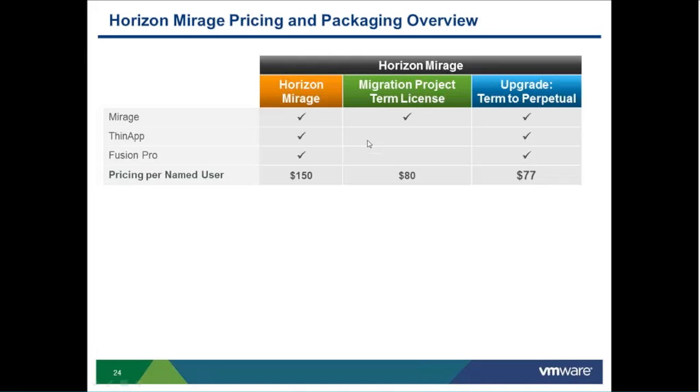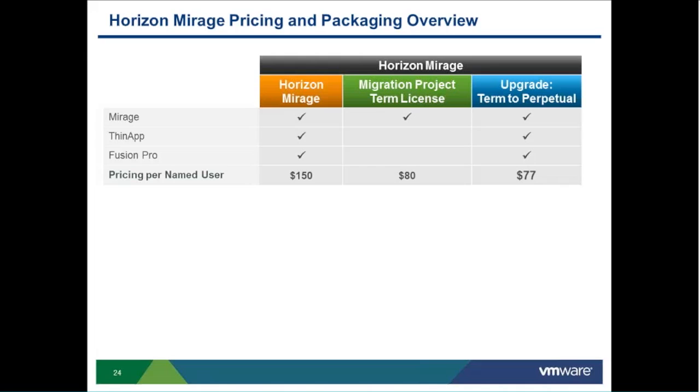So these are the costs. If you go by the Mirage package, you have named users. So let's say if you have 100 users in place, that is 100 named users, it works on a named user basis. And if you want perpetual licenses, you can upgrade from term licenses to perpetual licenses.